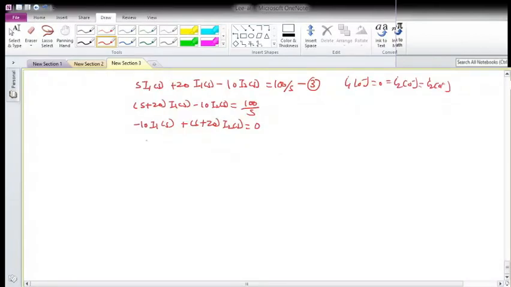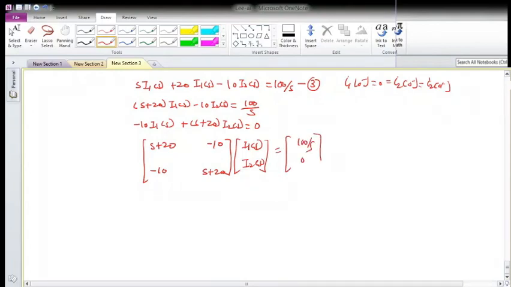So I can express this in matrix form: [s + 20, -10; -10, s + 20] times [I1(s); I2(s)] equals [100/s; 0]. Now I have to solve for I1(s).